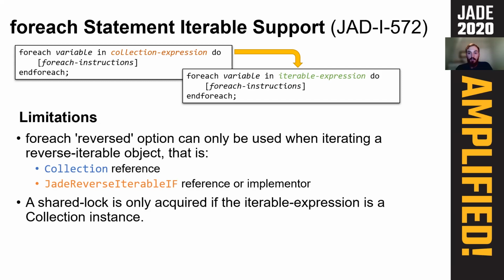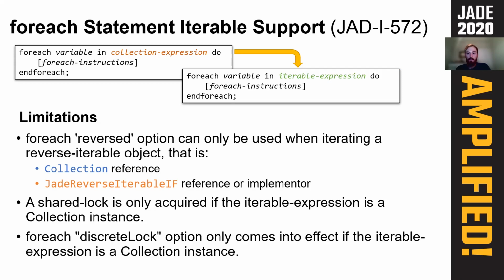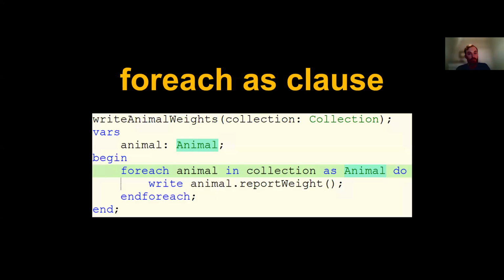Typically the foreach statement will hold a shared lock over the collection for the duration of the iteration. But since the foreach may not actually be iterating a collection now, we'll only take out the shared lock if the iterable object is a collection instance. Similarly, the discrete option, the behavior of this will only occur if the iterable object is a collection instance.